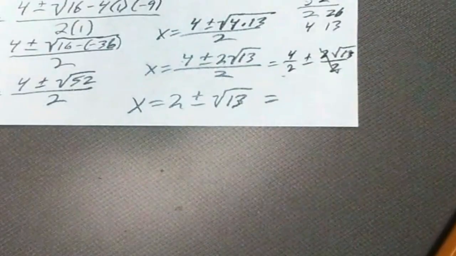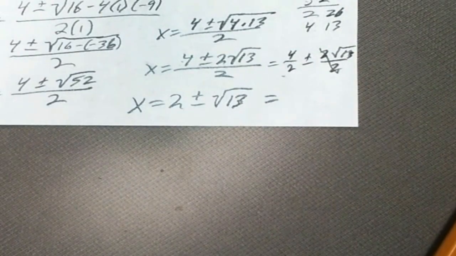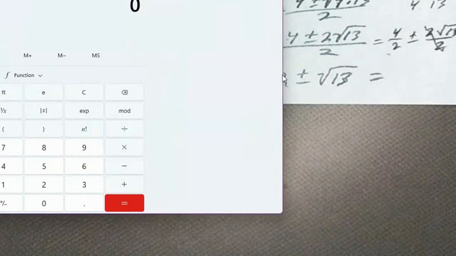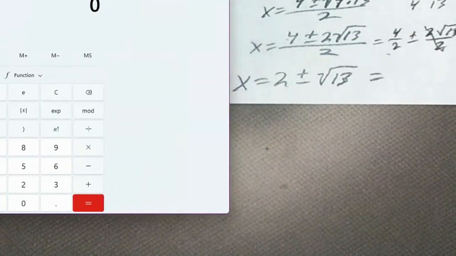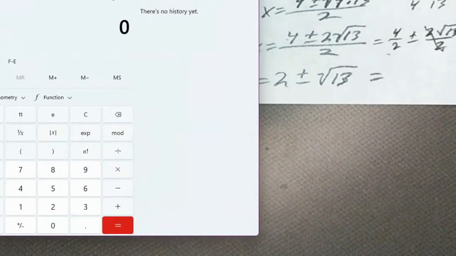But what does that equal? Well, let's get our calculator out. If you want to know, like graphing it, that doesn't help us. We don't know what number to graph. So if we want to know an actual number to graph, 2 plus the square root of 13.